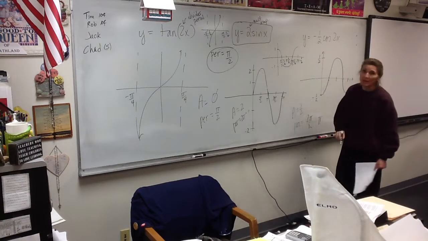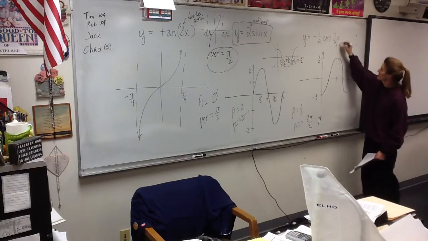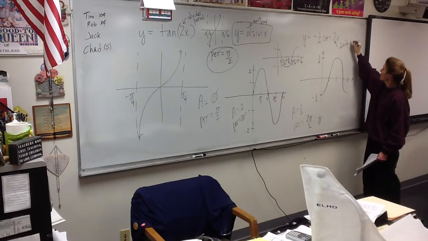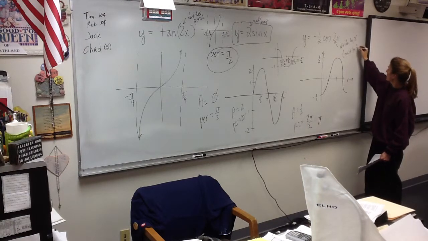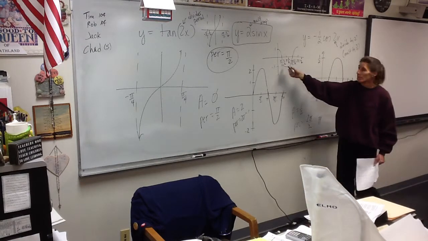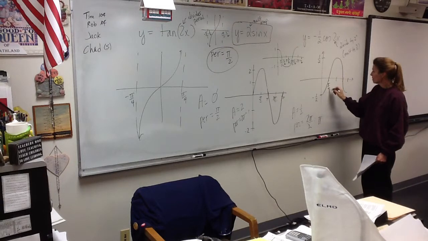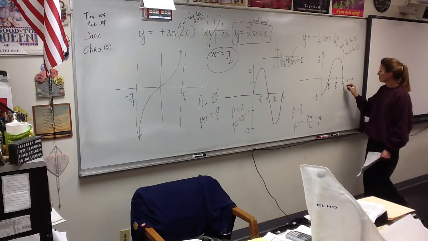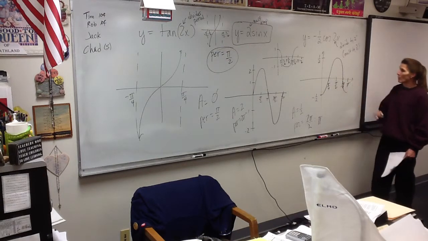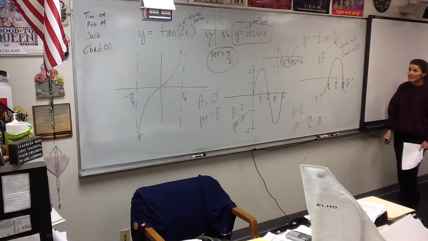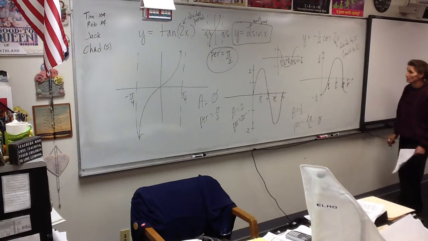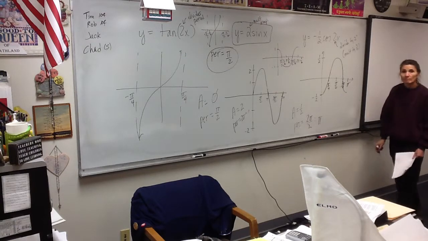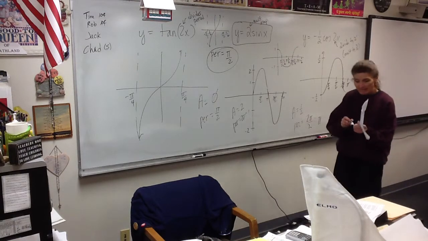I am multiplying by a half because this number tells me to divide by 2. And dividing by 2 means multiply by a half. So I'm going to have pi over 4, pi over 2, 3 pi over 4, and 1 pi when I take a half times all of the regular labels. And that's it.